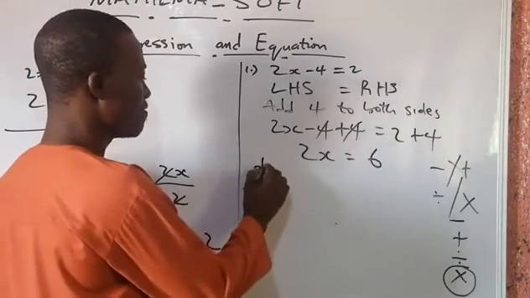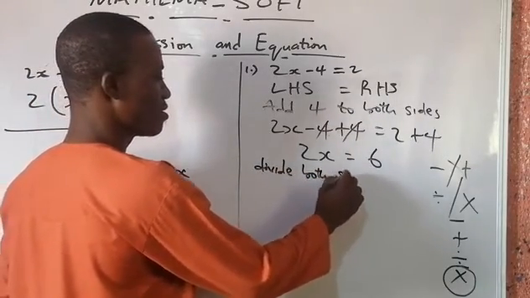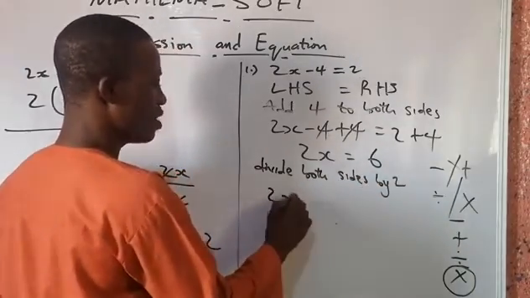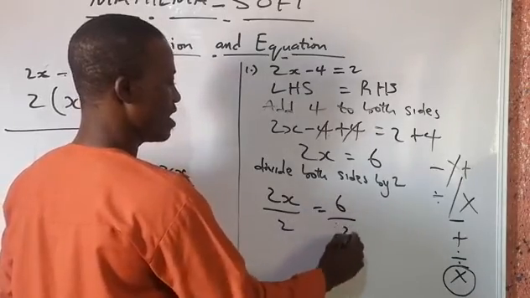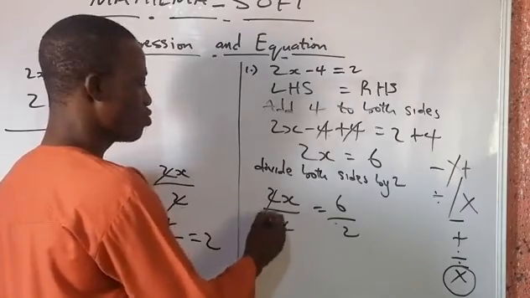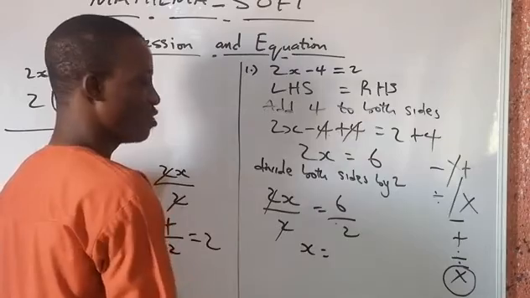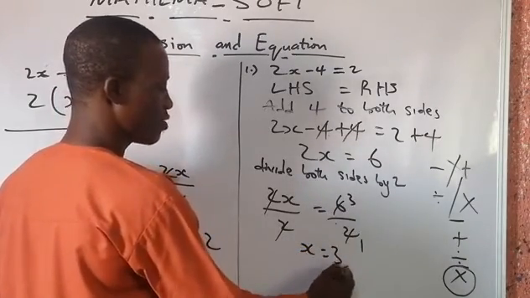So I will say divide both sides by 2. So I will say 2x divided by 2 equals 6 divided by 2. Same thing on the two sides. 2 cancels 2. x equals, how many 2s will you get in your 6? You say 2 here 1, 2 here 3, and that's equal to 3.